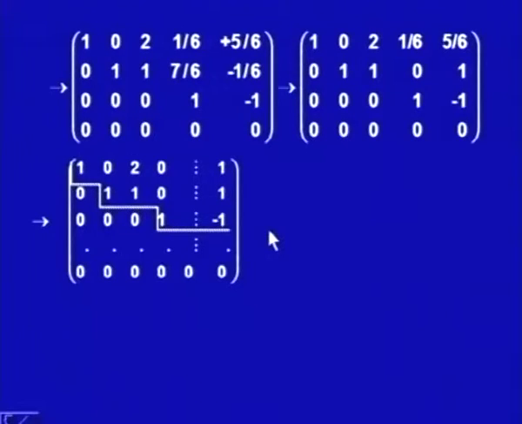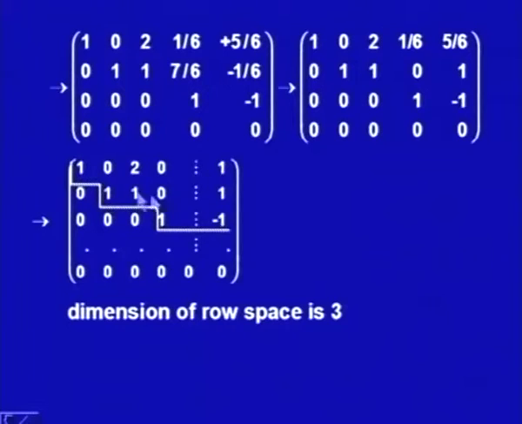From here one can notice that there are 3 rows which are non-zero. So, the dimension of the row space is 3, not 4. But what are the basis vectors that are to be obtained?